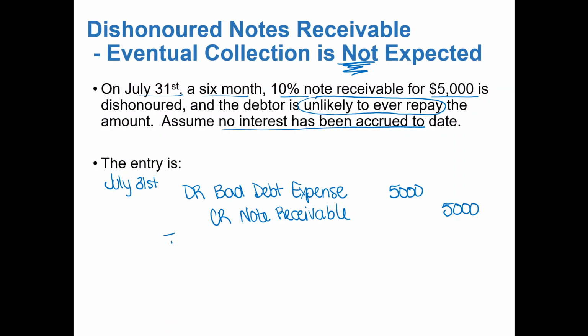And we would say to write off dishonored note. And I'll just make a note, no interest booked if no collection expected.